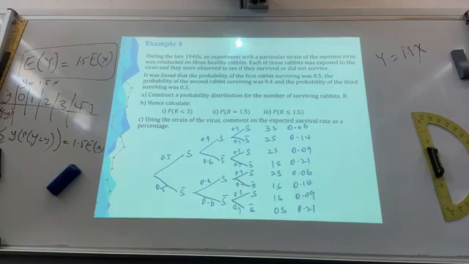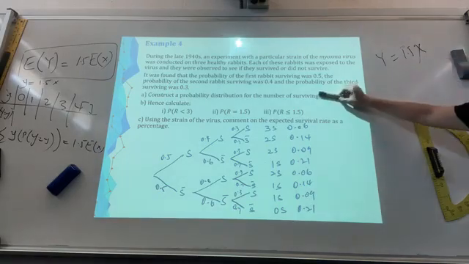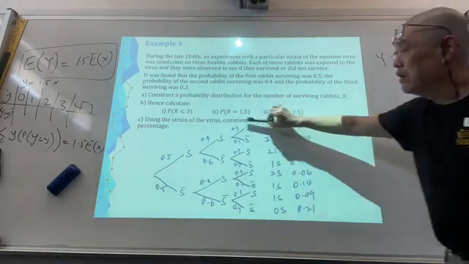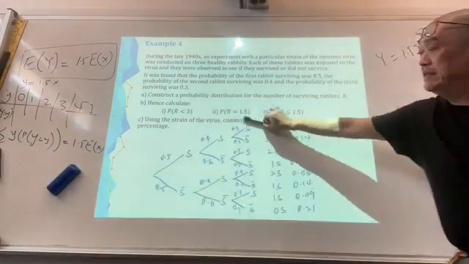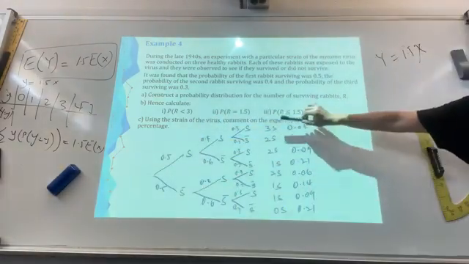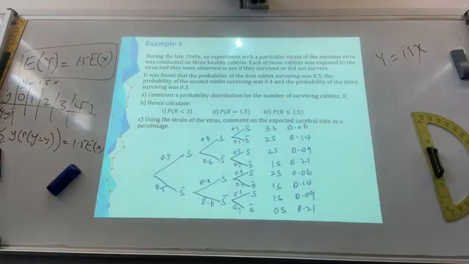Do that first. Once you're asked to construct a probability distribution, the important thing is look at the tree diagram, and work out how many will survive, how many did not. Galen, wake up.